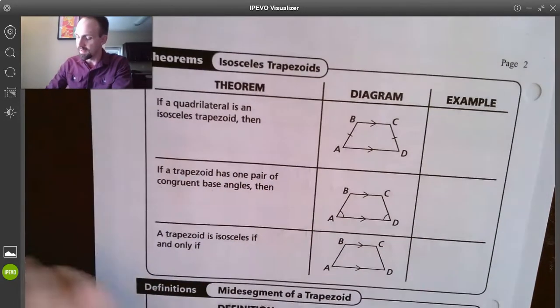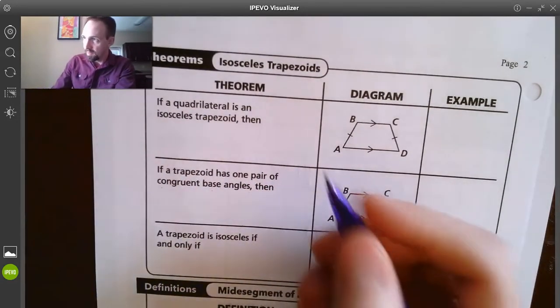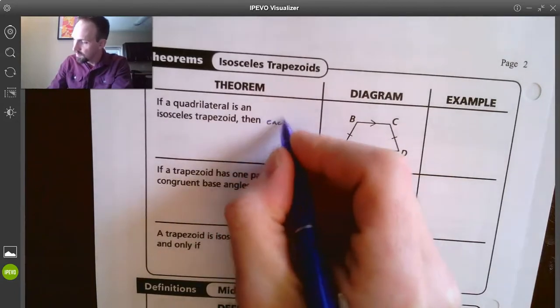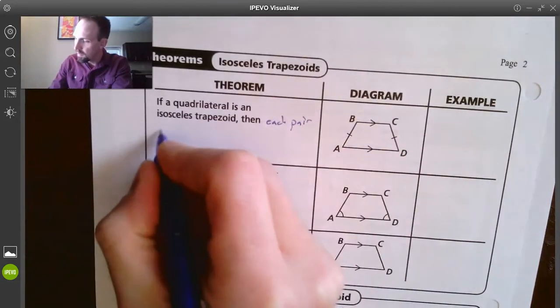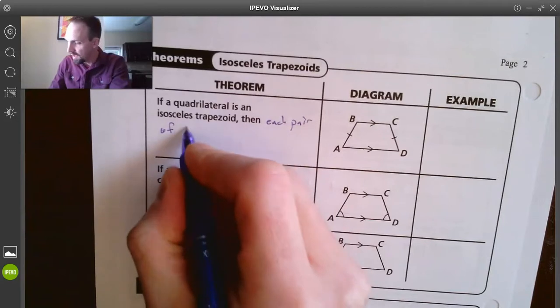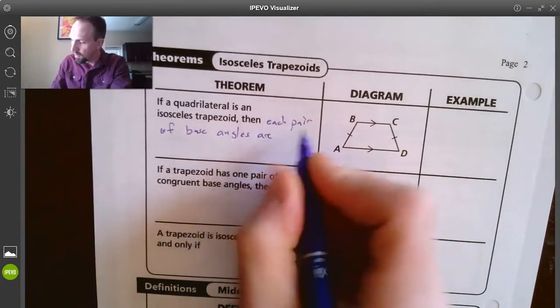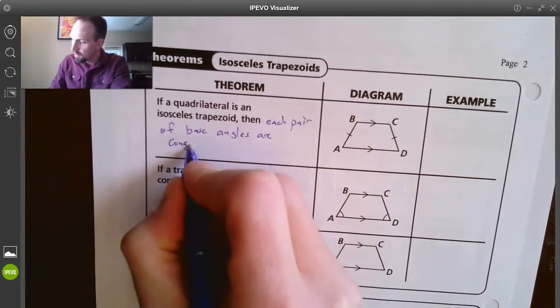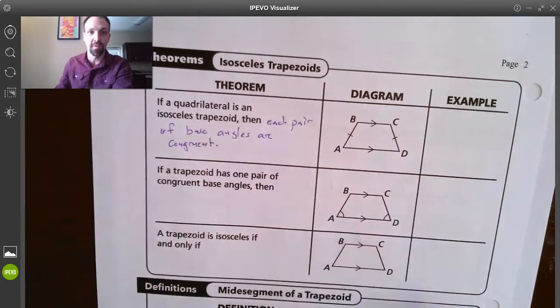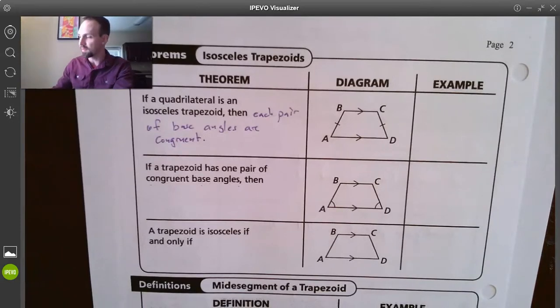If a quadrilateral is an isosceles trapezoid, then each pair of base angles are congruent. So refer back to the other page if you need to see what the bases are.